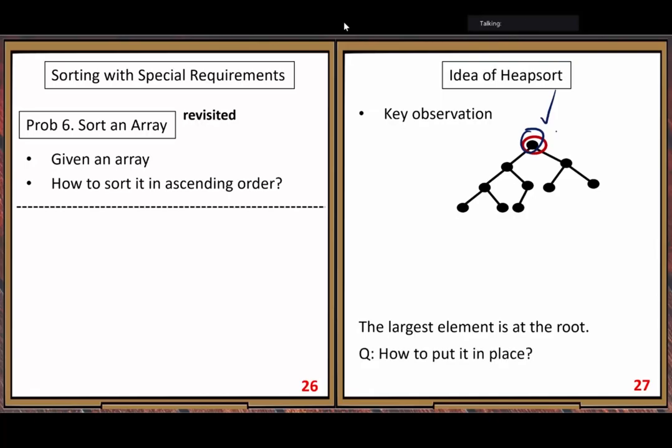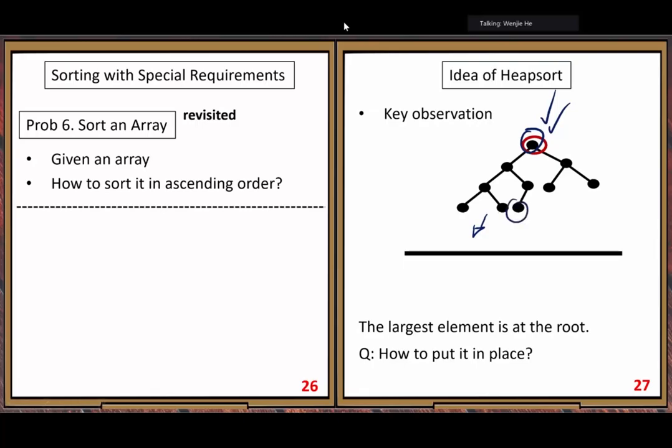How to put it in? Swap. Let us use this one line segment representing the whole array, and we store the max heap in this array already. Now we start heap sort. We need to swap the root element, the first element, which holds the maximum, to the last position.